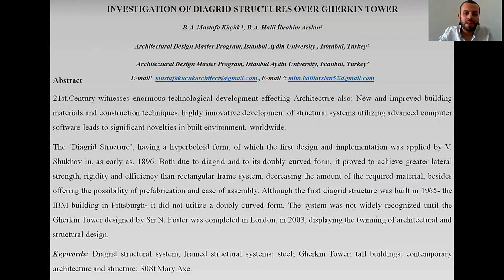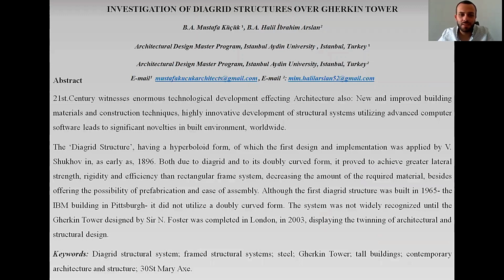The 21st century witnessed enormous technological developments affecting architecture, also improving building materials and construction techniques. The highly innovative development of structural systems using advanced computer software leads to significant novelties in the built environment worldwide.